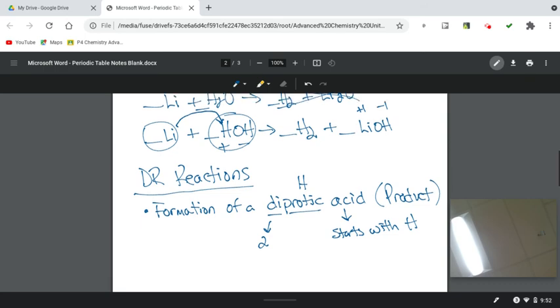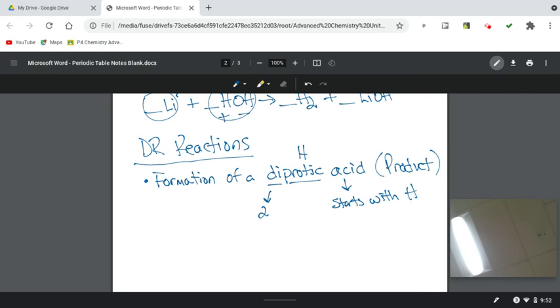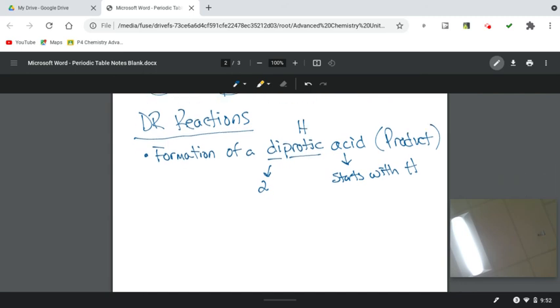So if you ever get a diprotic acid produced in a double replacement reaction, that diprotic acid is going to break down even further. And I'm going to show you a couple of examples here. So if we take sodium sulfite plus hydrobromic acid, we're going to get a double replacement here.